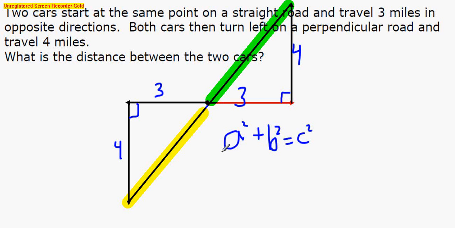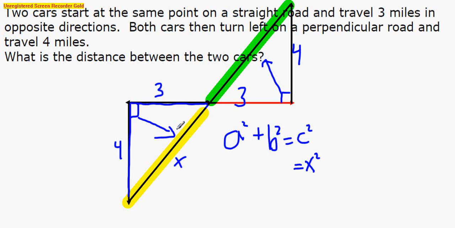And so that can actually help me get this answer. And so your legs are always the sides of the triangle that are touching the right angle, so that would be this side and this side. And then your hypotenuse is always across from the right angle. So my hypotenuse is this yellow line, or in this triangle it's the green line. And so let's just call that x. So my hypotenuse, which is the one that goes on the right side by itself, is x squared.